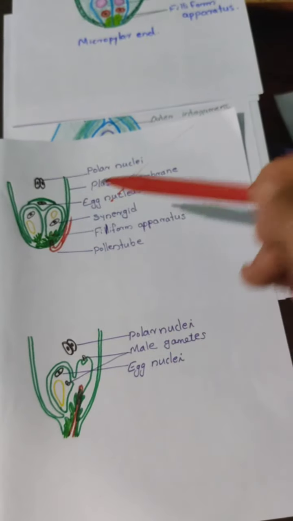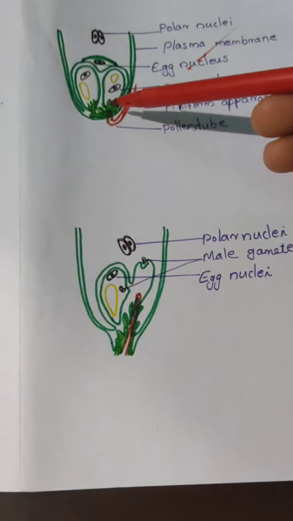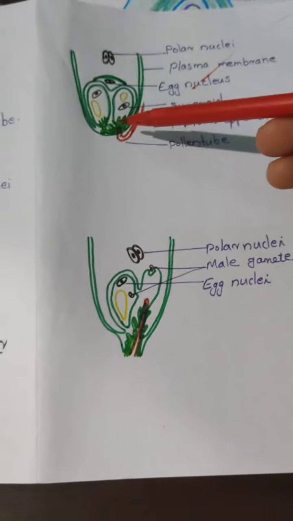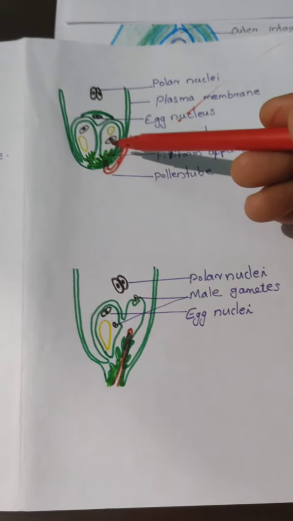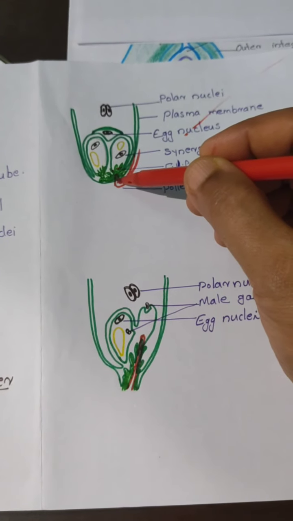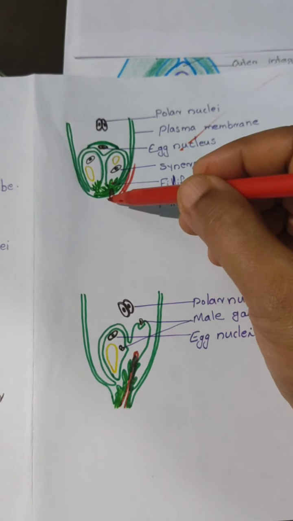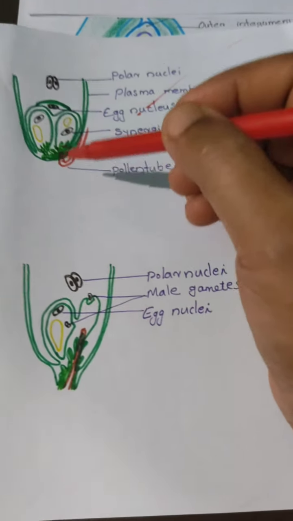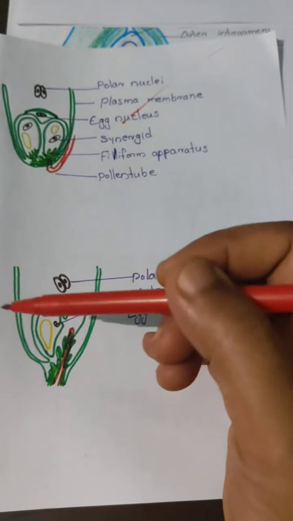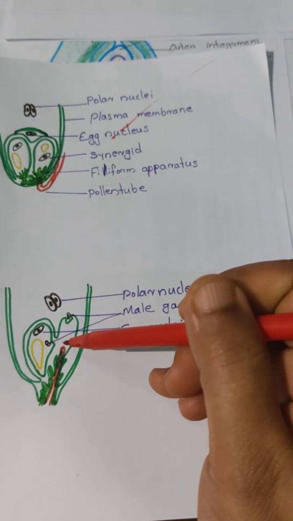After entering one of the synergids, the pollen tube releases the two male gametes into the cytoplasm of the synergid.